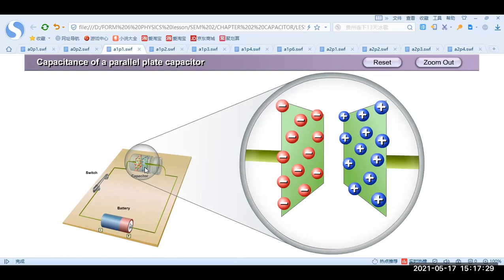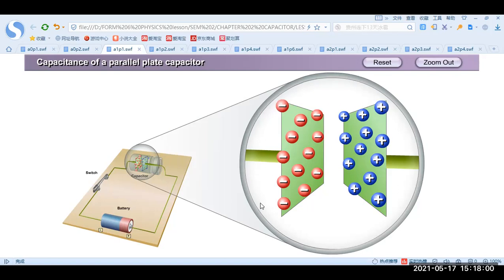Earlier, we said that if I use a 5-volt battery to charge a neutral capacitor, once the capacitor is fully charged, it is also charged to a maximum of 5 volts.